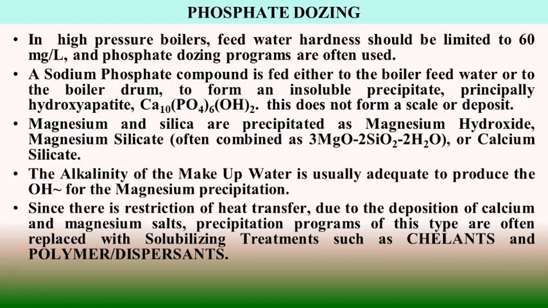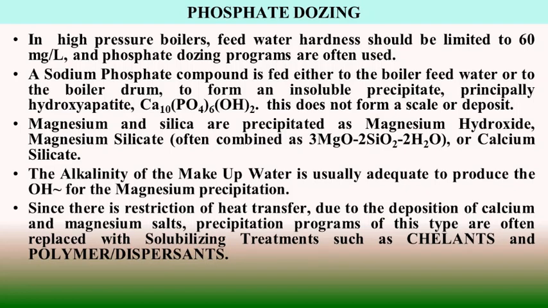The phosphate dosing arrangement is controlled by feeding combinations of disodium phosphate with trisodium or monosodium phosphate to produce an optimum pH without the presence of free hydroxides. To successfully control the coordinated phosphate dosing program, the feed water must be of extremely pure and consistent quality.